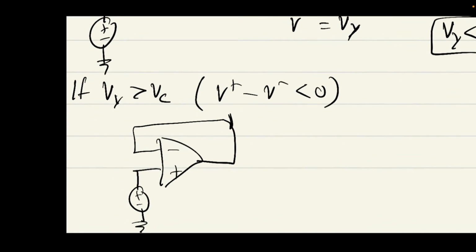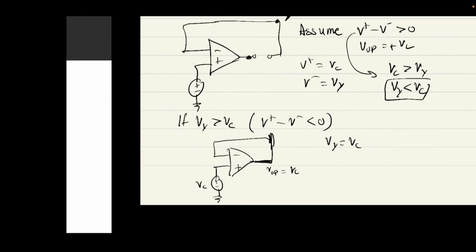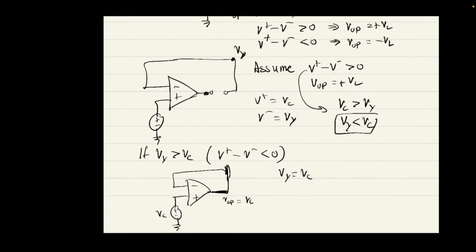So what we can say is that the voltage at the output, Vop, since this is an amplifier with negative feedback, is just going to become Vc, right? It's almost like Vy is getting overridden to Vc. So it's no longer that voltage division of Vx. It is now just Vc by itself.